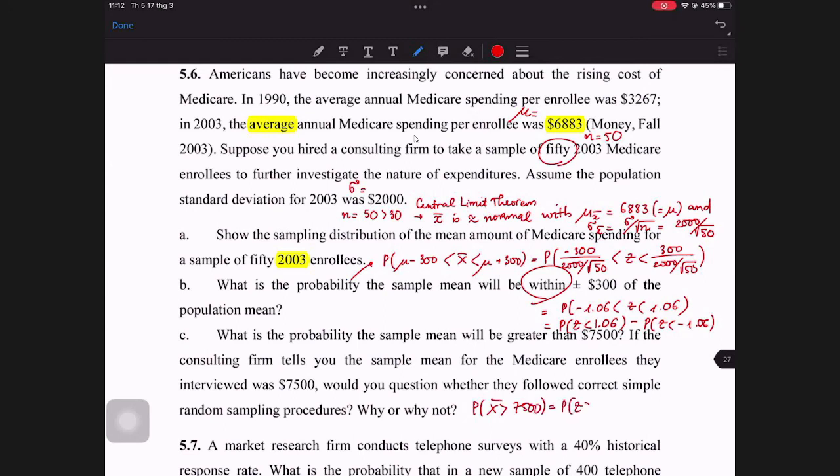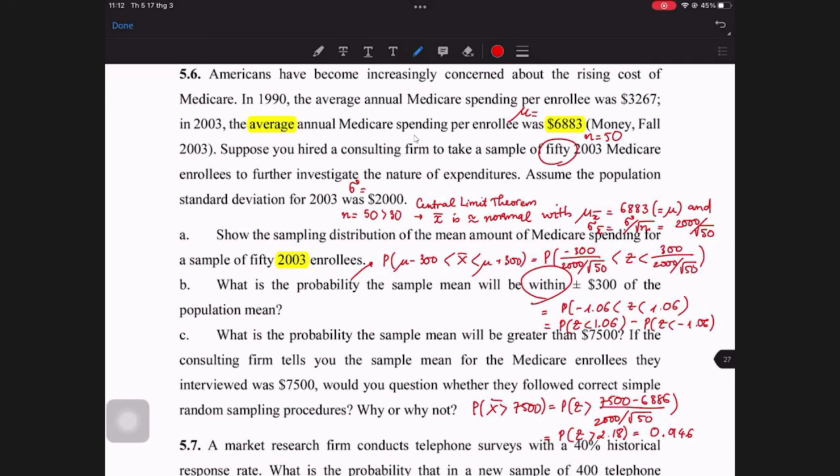We convert it into Z. 7,500 minus 6,886, over 2,000 over square root of 50. So this should give us P of Z greater than 2.18. And this will be equal to 0.0146, or 1%.